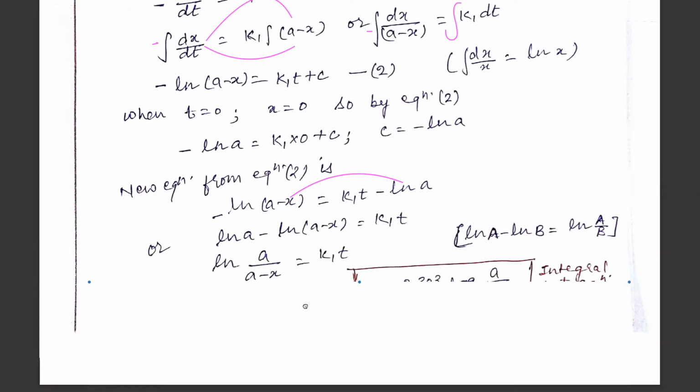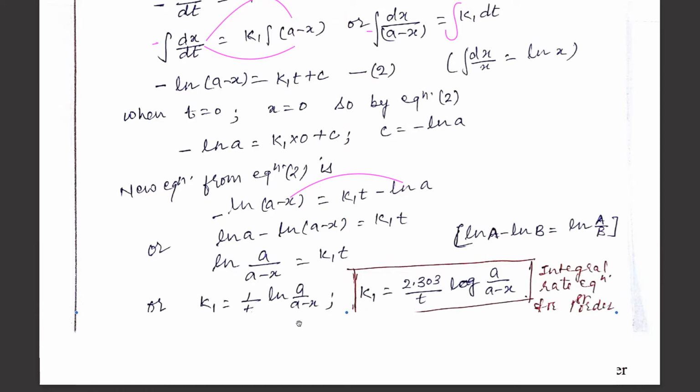To find out the value for k, we have to make an equation for k1. So from this equation, we can make the equation for k1, which is this.